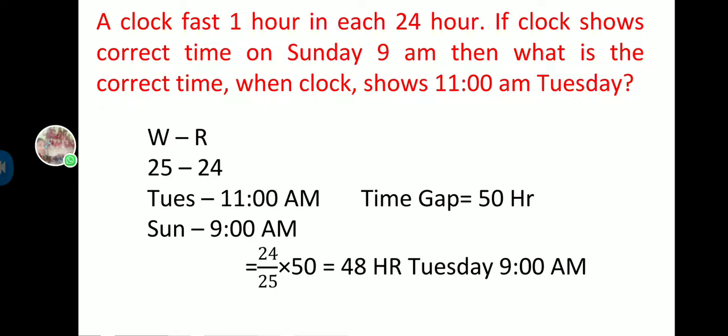From Sunday 9 a.m. to Tuesday 11 a.m., the time gap is 50 hours. A clock gains 1 hour in each 24 hours, so 24 by 25 into the time gap 50 equals 48, which means the correct time is Tuesday 9 a.m.